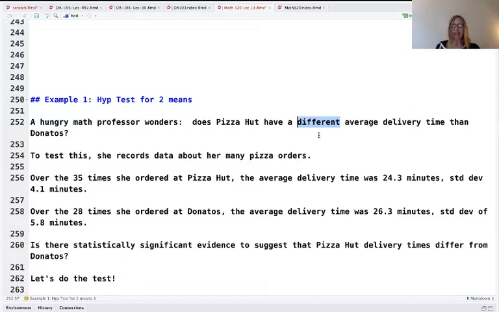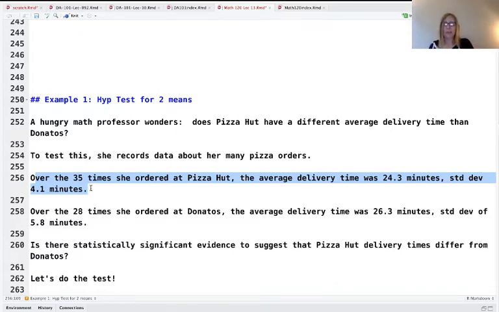To test this, she records data about her many pizza delivery orders. And here's the info. Over the 35 times that she ordered from Pizza Hut, she did the math and found out that the average delivery time was 24.3 minutes, standard deviation of 4.1 minutes.